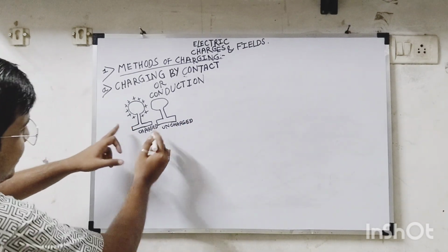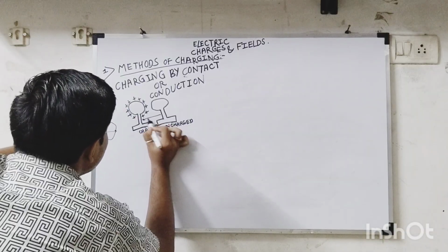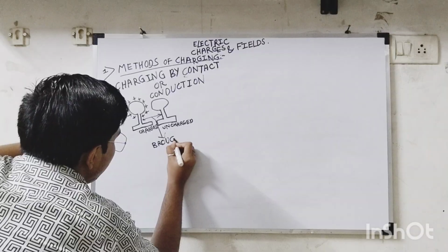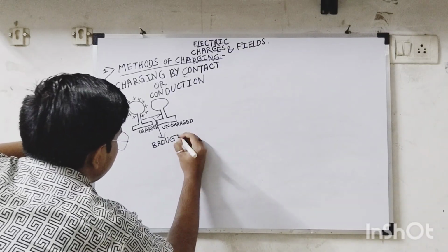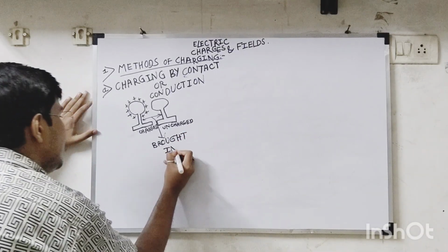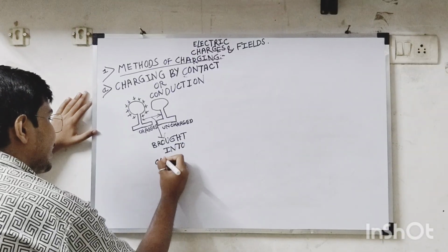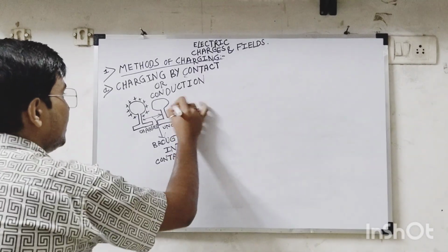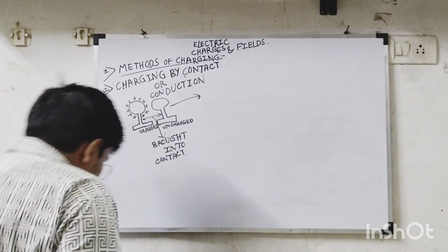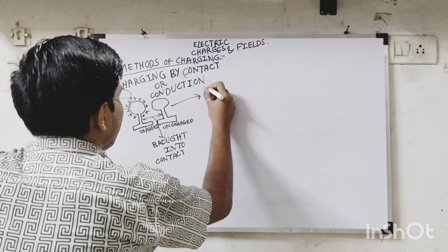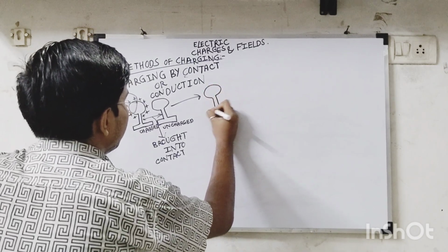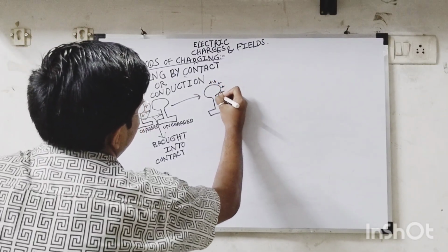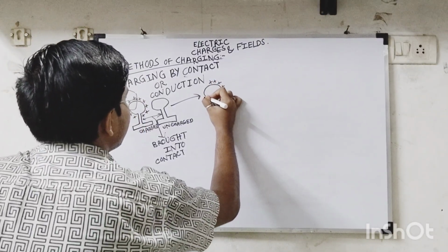Now, see, it is brought into contact. I will write it over here: brought into contact. If it is brought into contact, then what will happen? They both will have positive charges around them. This is a great example, a diagrammatic explanation.